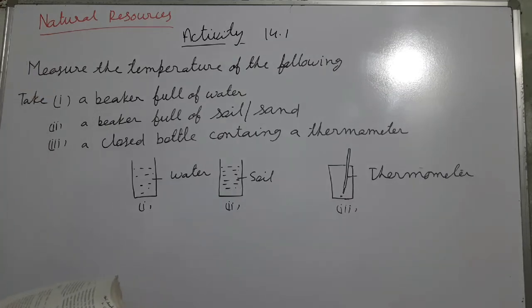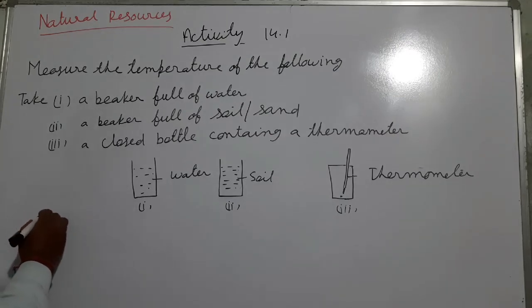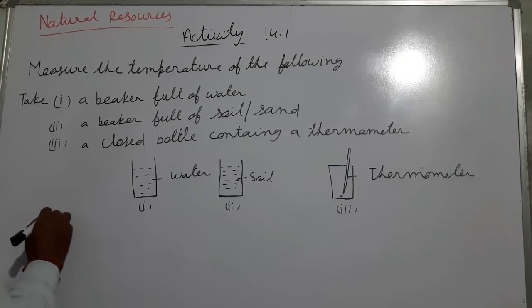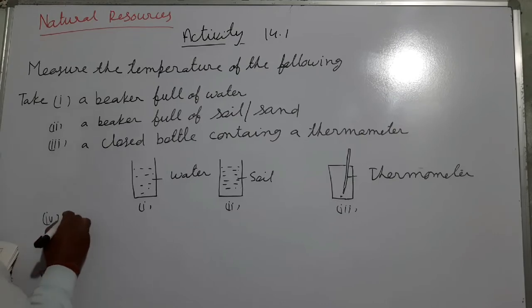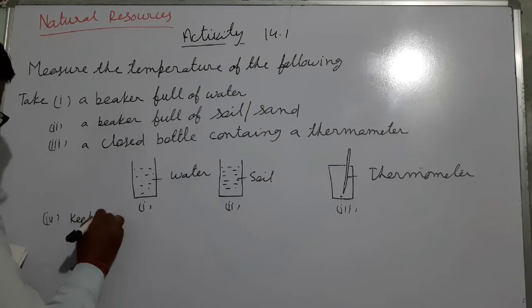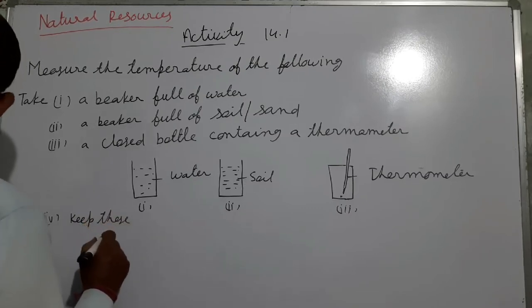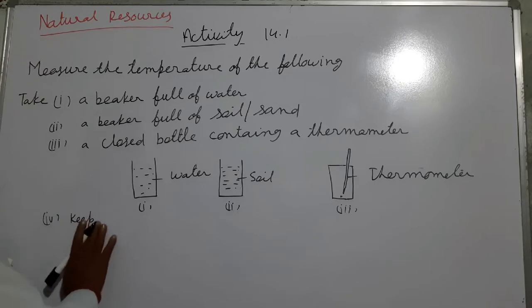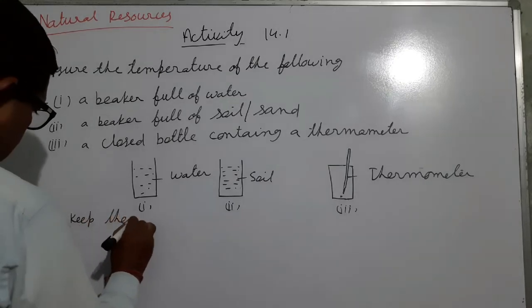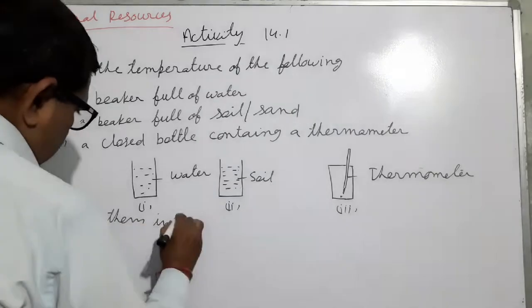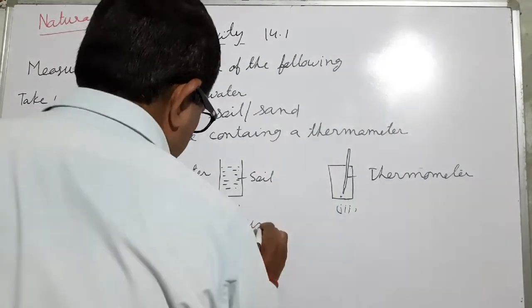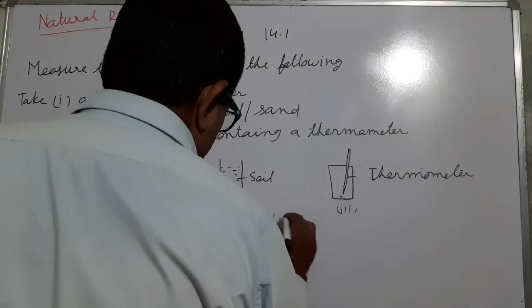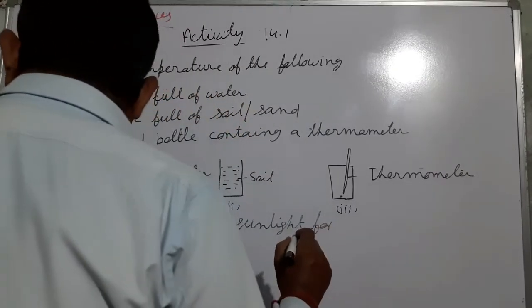Now measure the temperature of all three vessels. Fourth, keep them in bright sunlight for 3 hours.